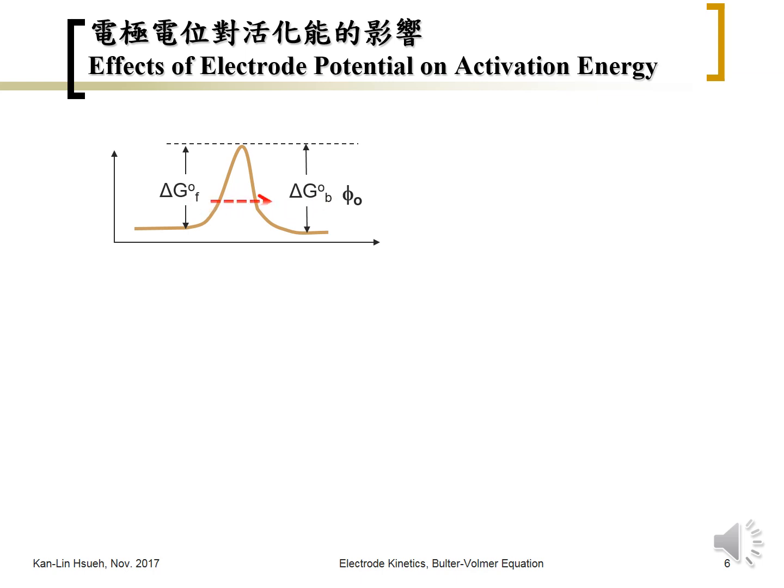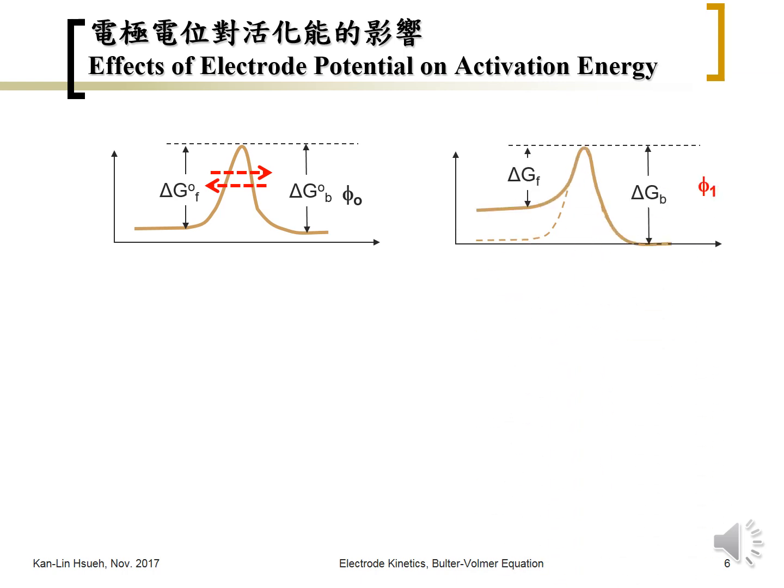So the forward reaction is equal to the backward reaction, and the net reaction rate is 0. That means the reaction is at equilibrium. When the electrode potential changes from phi 0 to phi 1, the energy profile changes from the original energy barrier to the new energy profile.